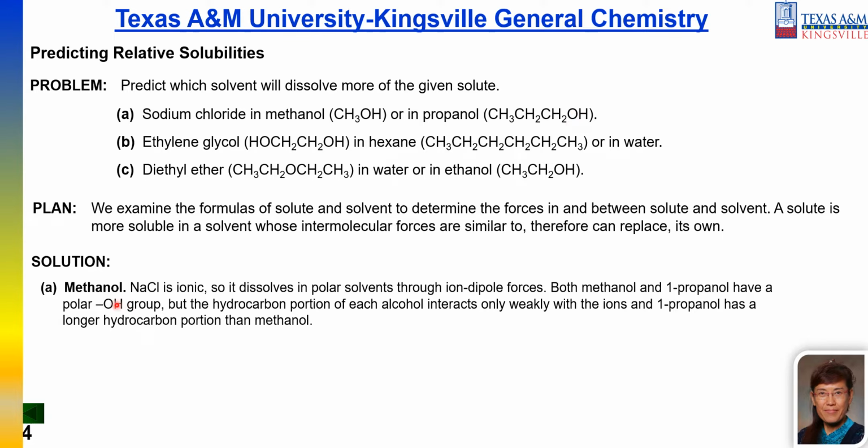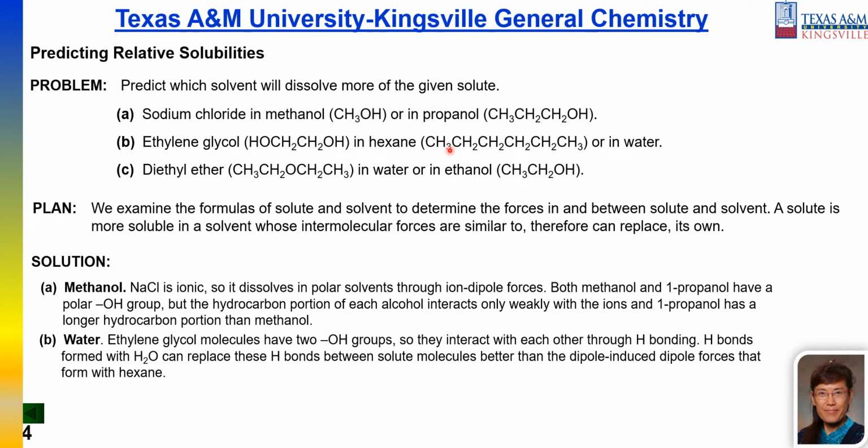Your hydrocarbon portion, CH3, CH2, CH2, is a non-polar group. Therefore, your methanol is a more polar molecule and can form stronger ion-dipole intermolecular forces. Your methanol will dissolve more sodium chloride. Second question.